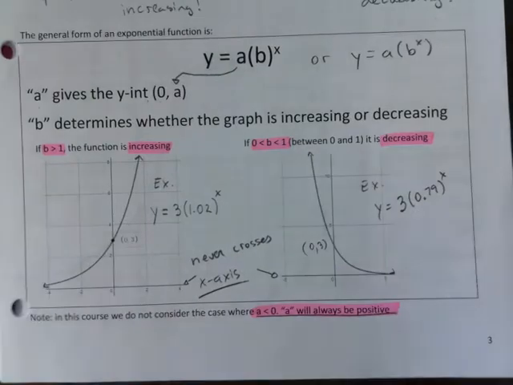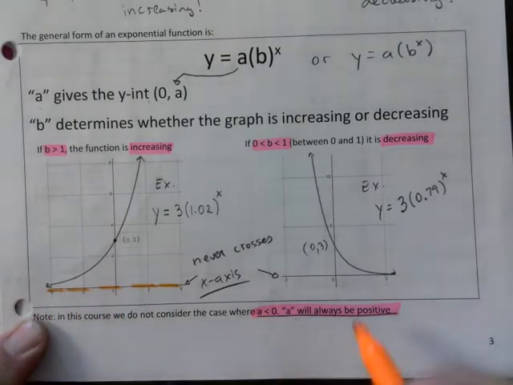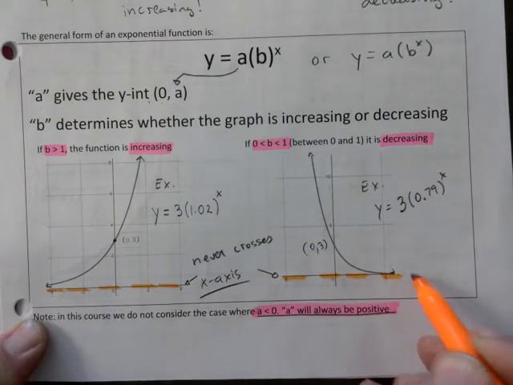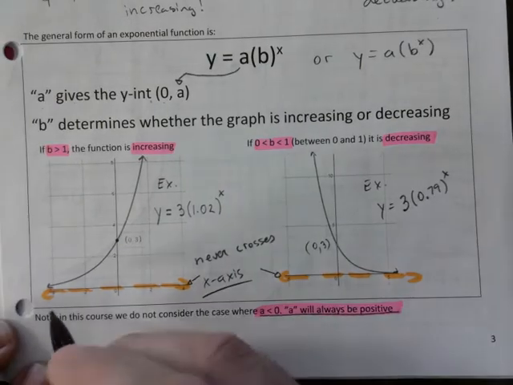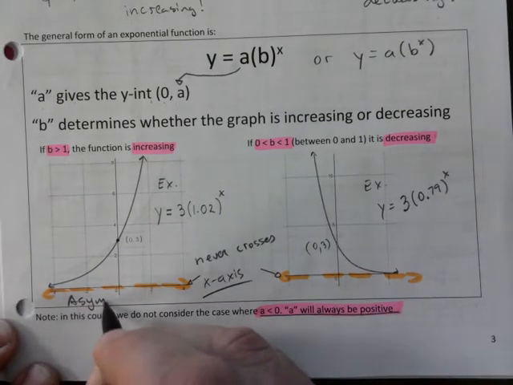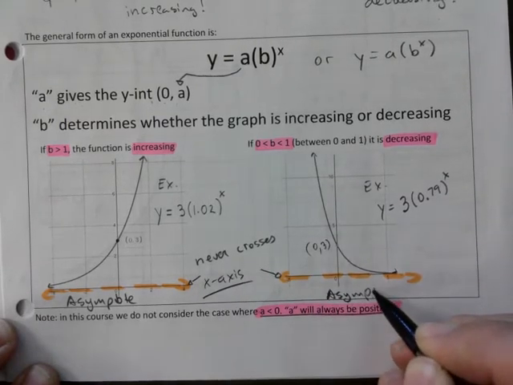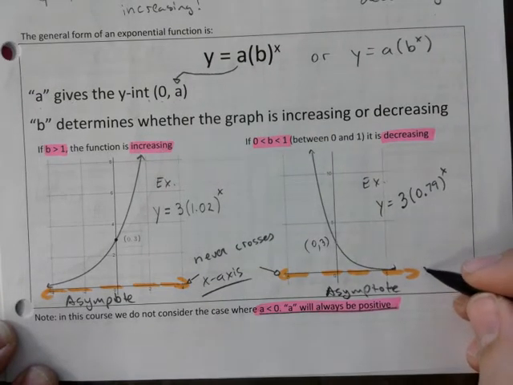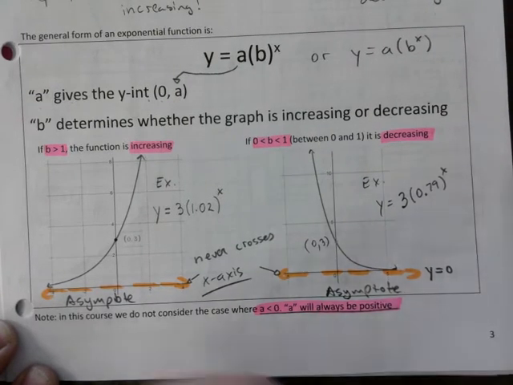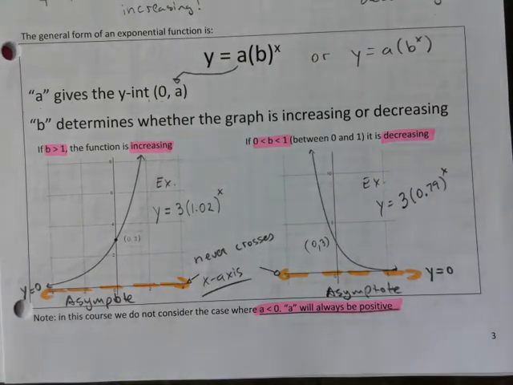Maybe. So it never touches the x-axis, so we're going to do that here. Asymptote. And that's the line y equals 0. Y equals 0. That's on page 3, guys. If you're wondering where am I, page 3, way at the beginning.